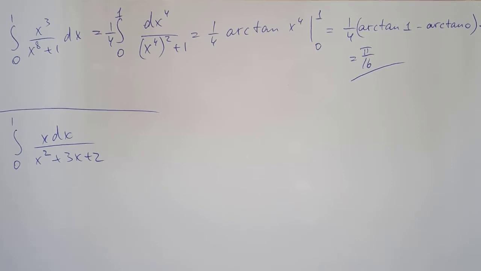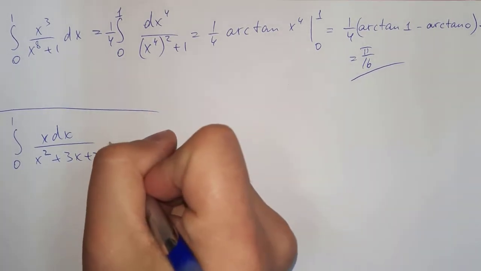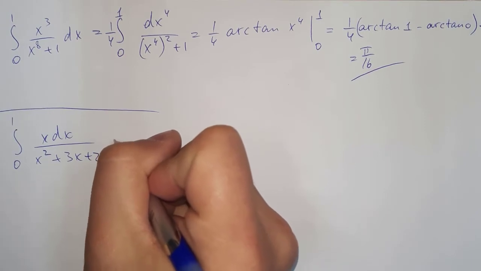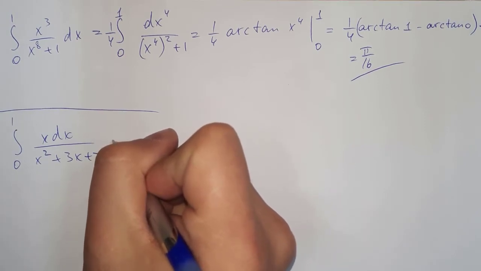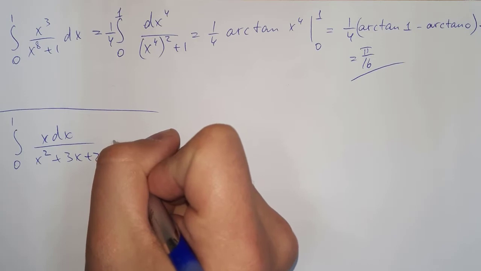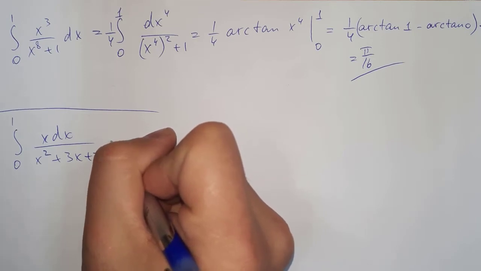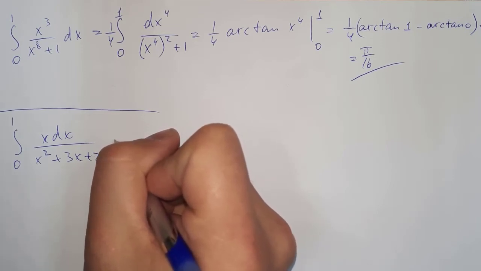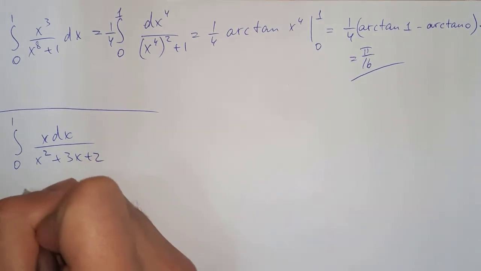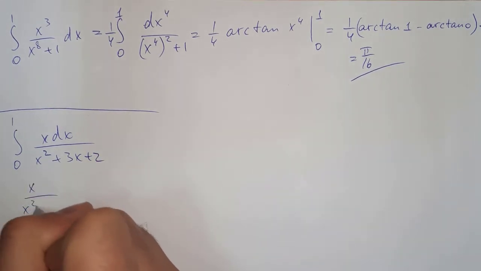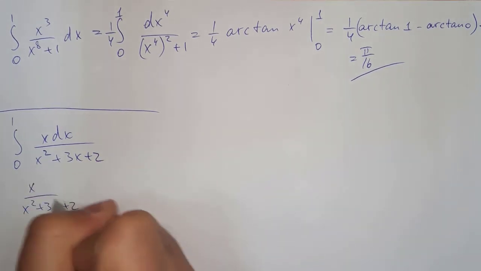To find definite integrals, firstly again we need to find indefinite integrals here, and we will find it with the decomposition of the fraction, dividing into elementary fractions. Let me write separately x over x squared plus 3x plus 2 to be clear.